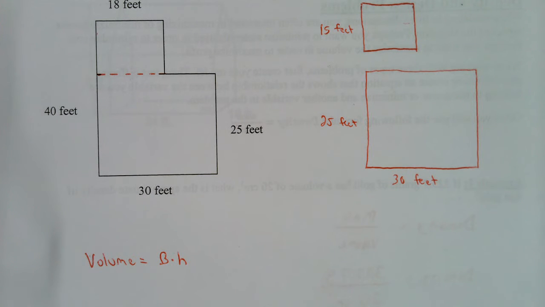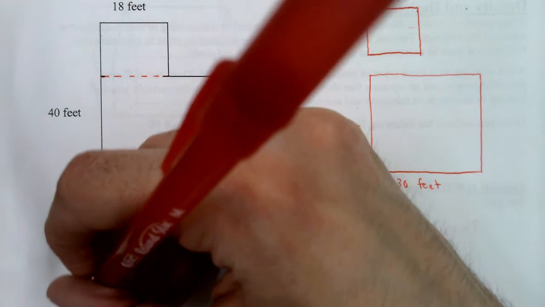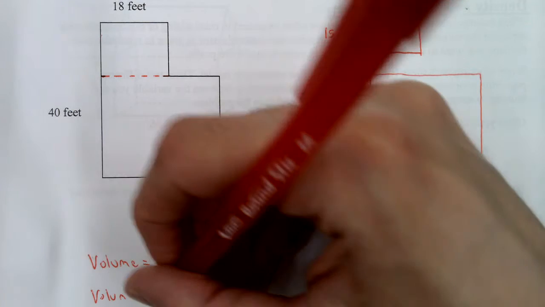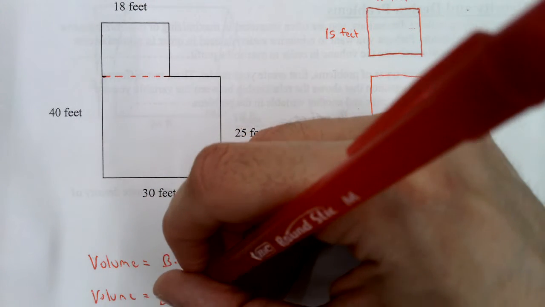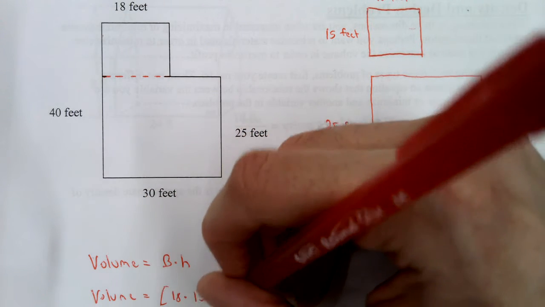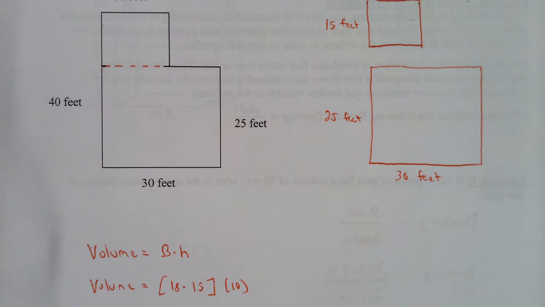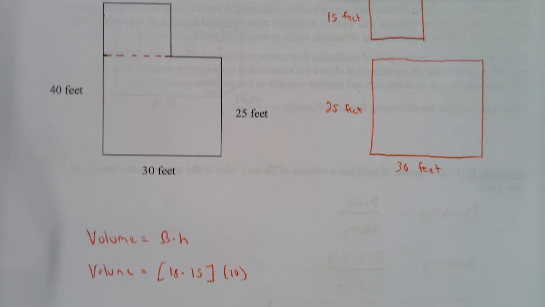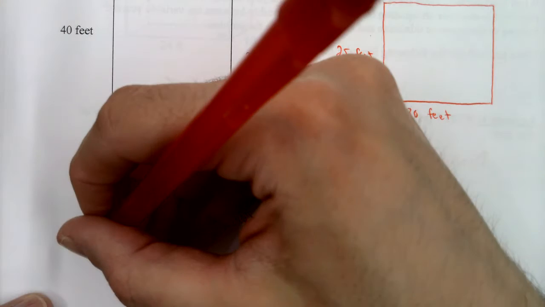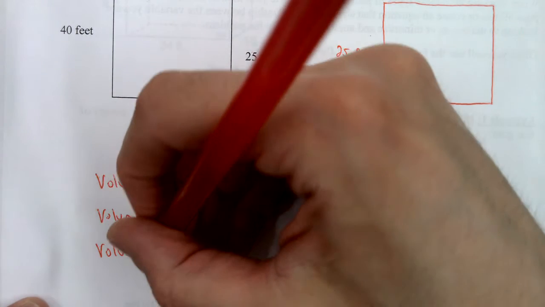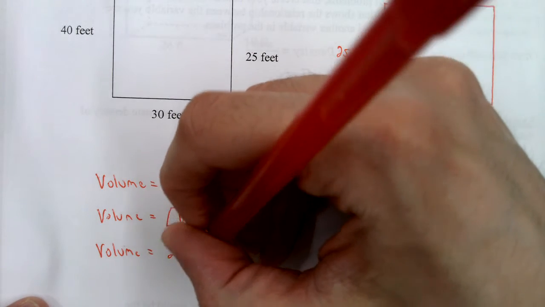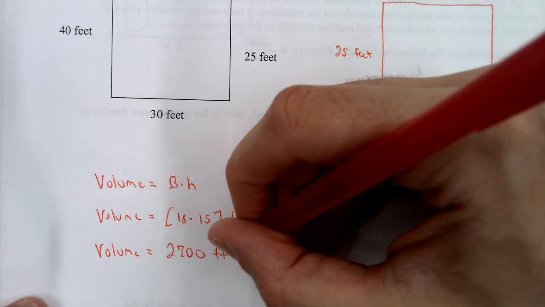So 18 by 15 by 10. 18 times 15 times 10 gives you 2,700 feet cubed.